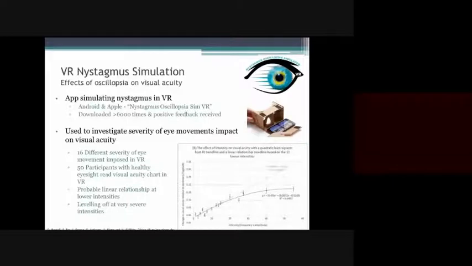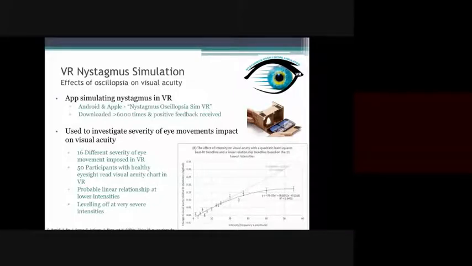So many of you will be familiar with the simulation app that we've released. This is released on both Android and Apple app stores. We took nystagmus patients, tracked their eyes, and then converted that tracking data, put it into VR, so people who don't have the condition can experience what it's like to have nystagmus.